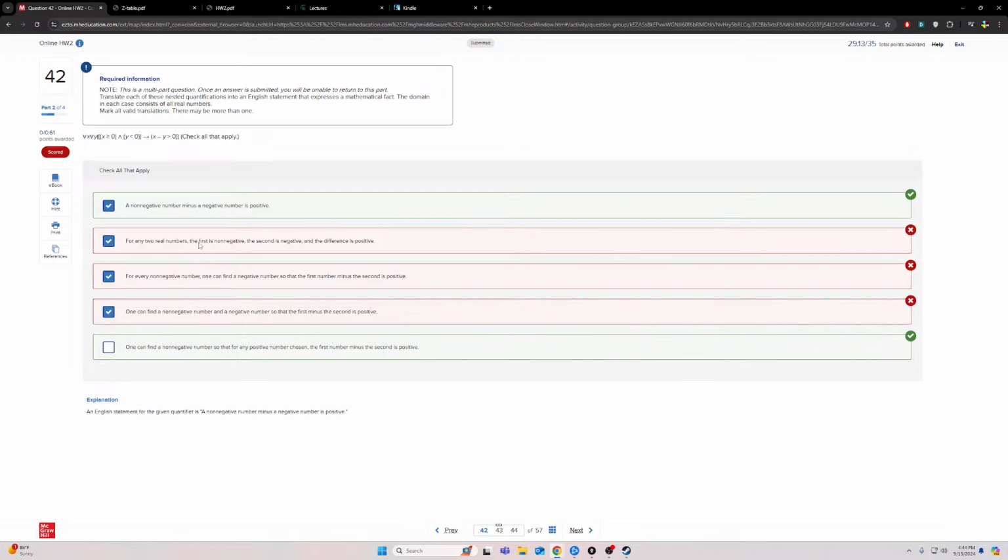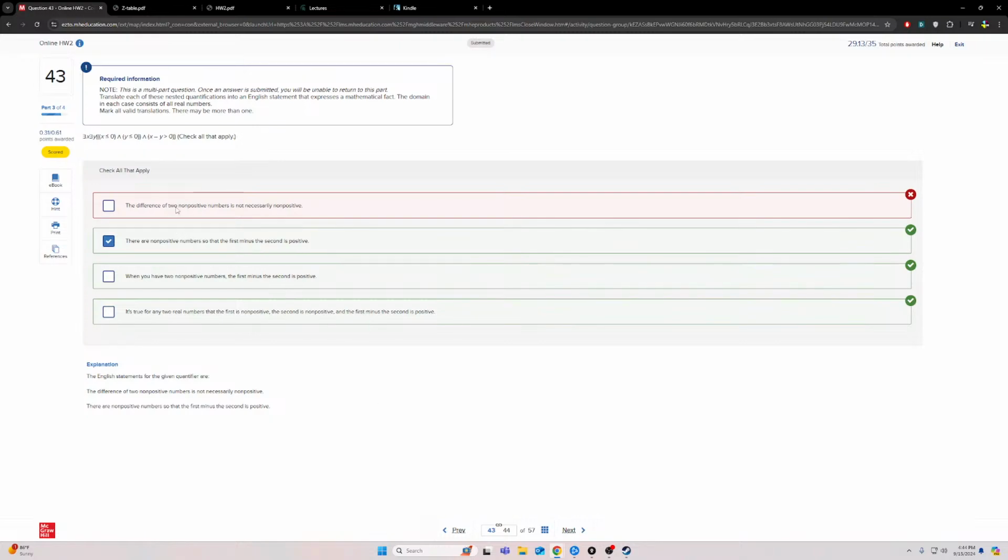One can find for every non-negative. That's not exactly what it's saying. That's saying ∀x ∃y, which isn't technically true. Sure, fine. One can find is saying ∃x and ∃y, which is technically true, but it's not what they're looking for. Sure.